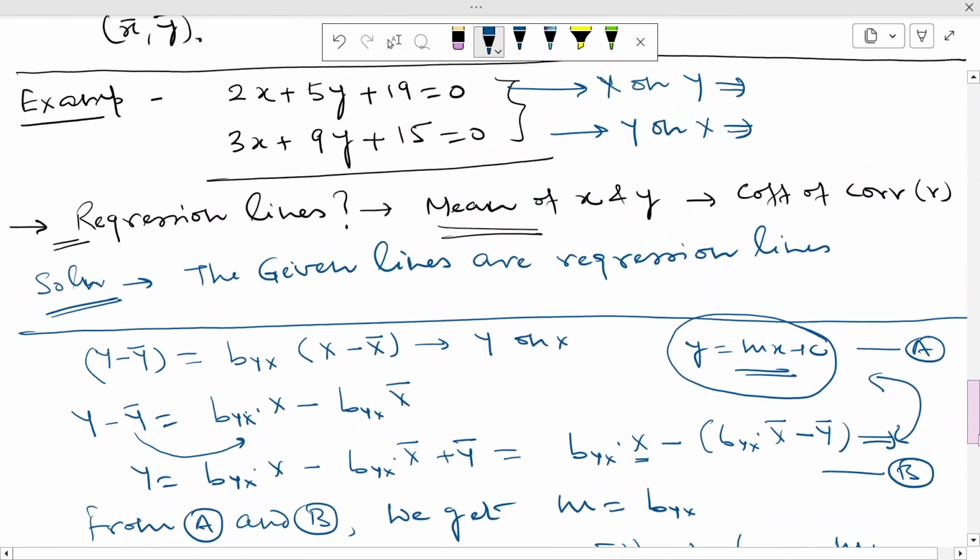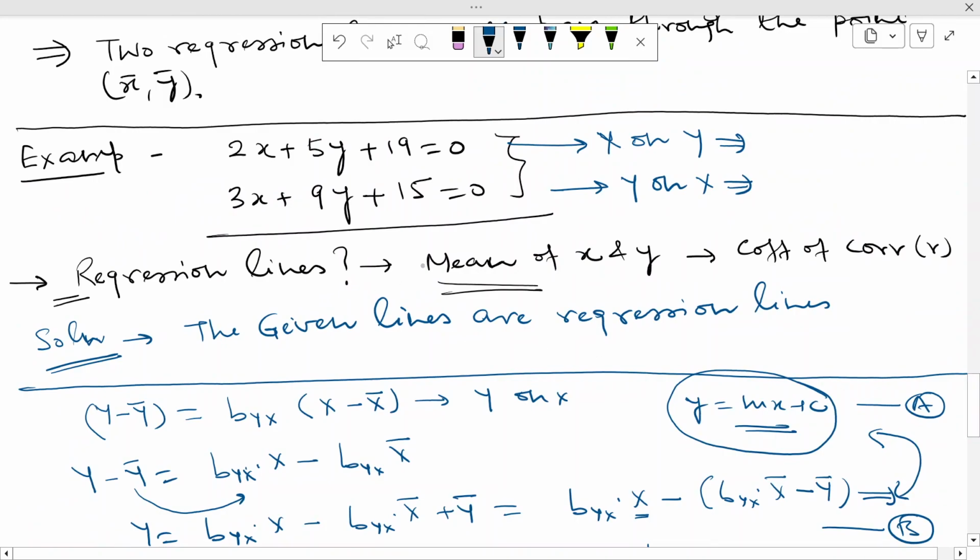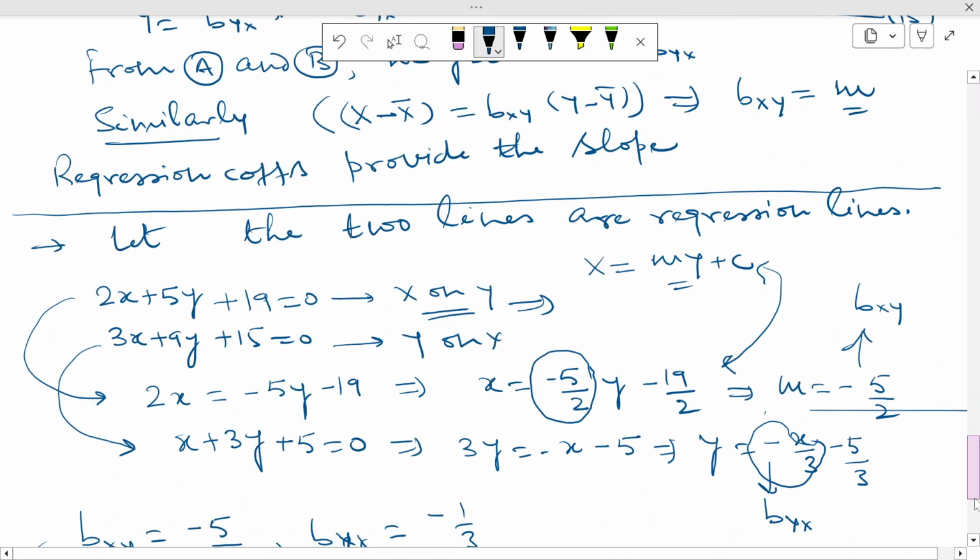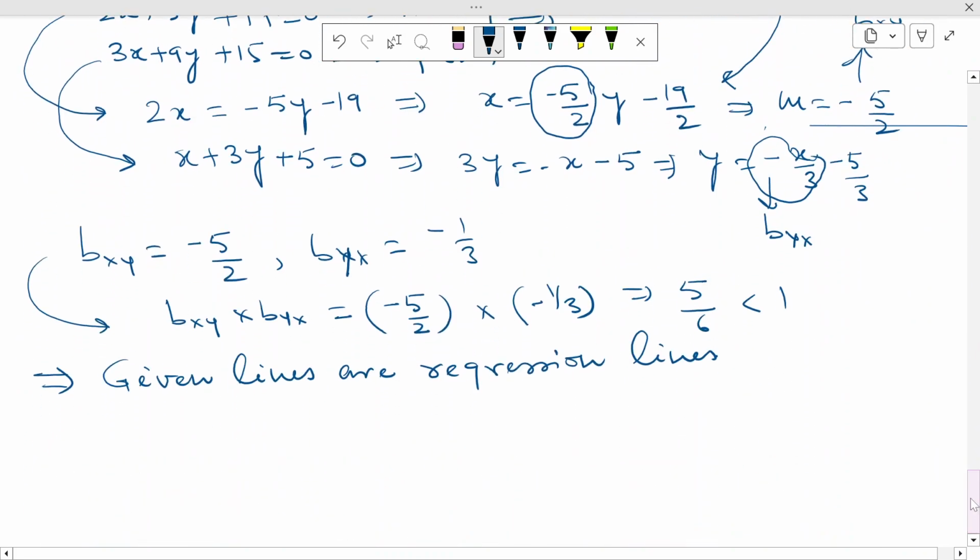We have to find out the mean of x and y here, and we have to find the coefficient of correlation. As we discussed in our remark number 1, the lines pass through the point x bar comma y bar.